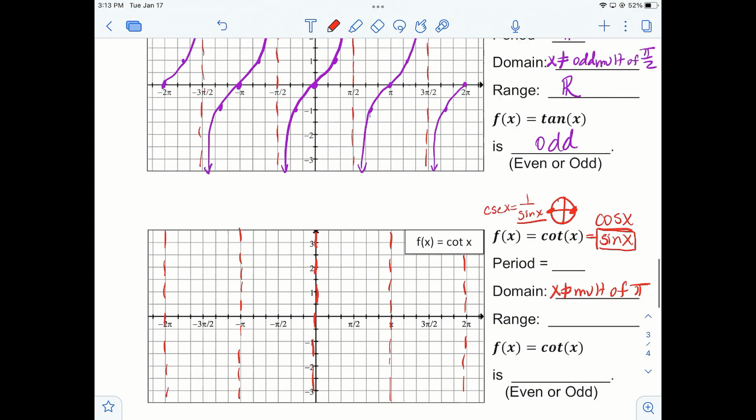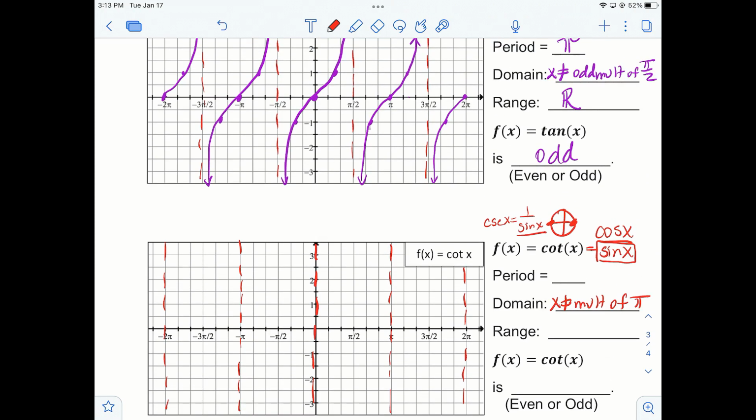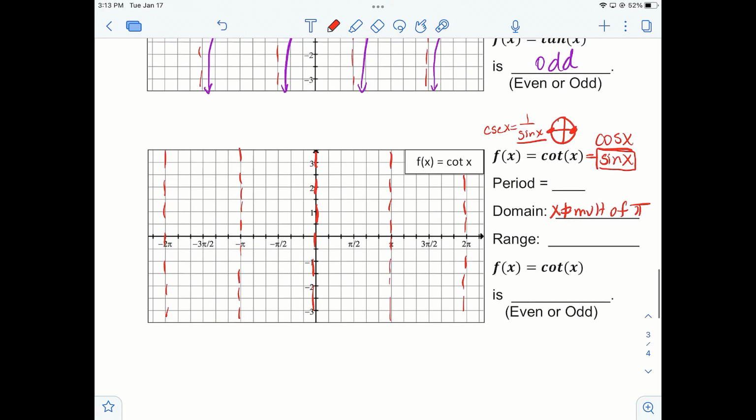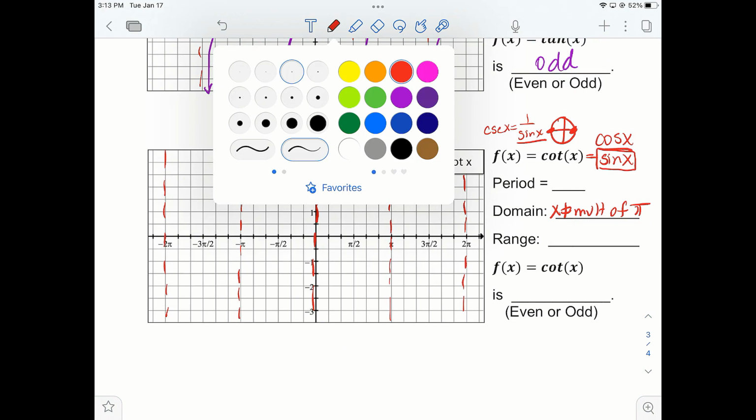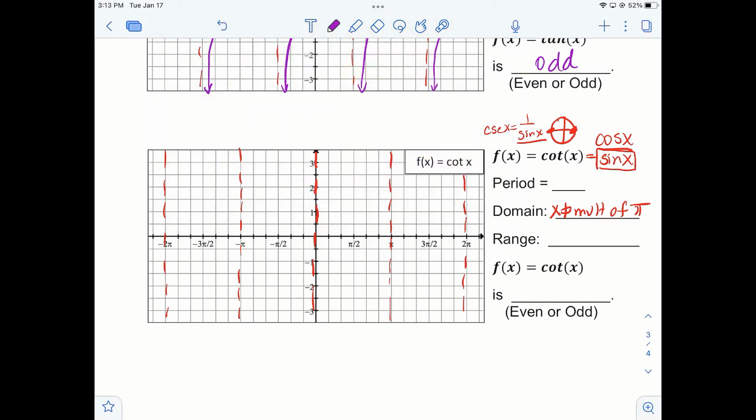Okay, could I also say it's where tangent is 0? Yes, you can look at those two graphs, but to me in memorization, it's easier for me to do cotangent with these thoughts. I don't necessarily do it from tangent. Okay, well, let's think of this. For cotangent, it's cosine over sine, so cotangent's going to be 0 when cosine is 0. That's all of these guys here.